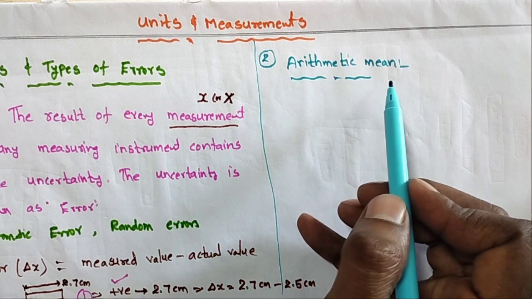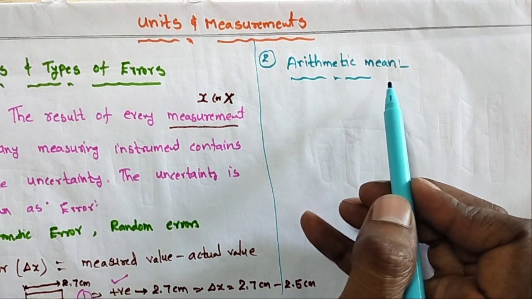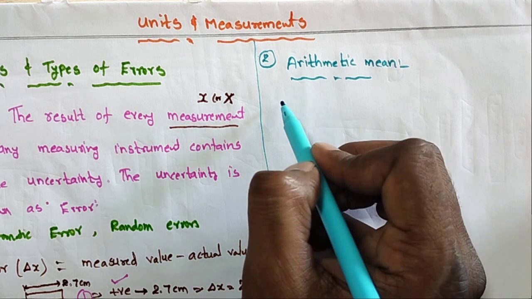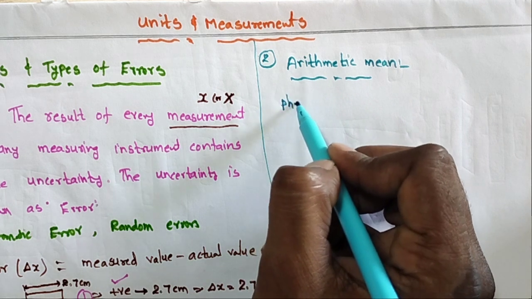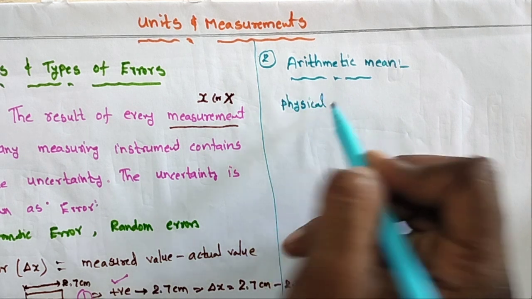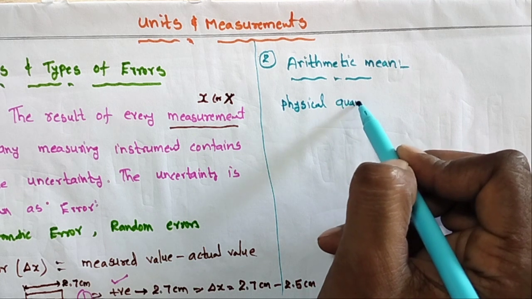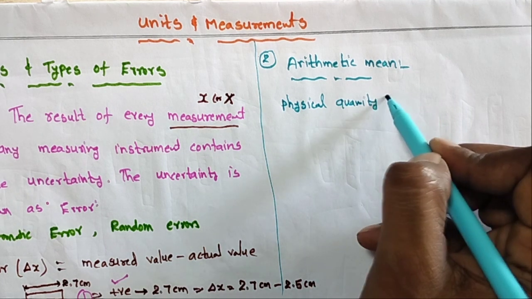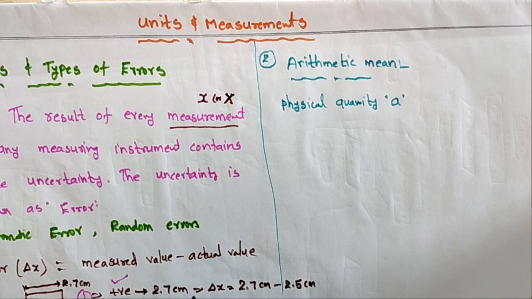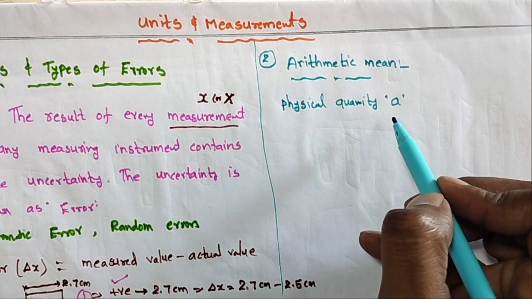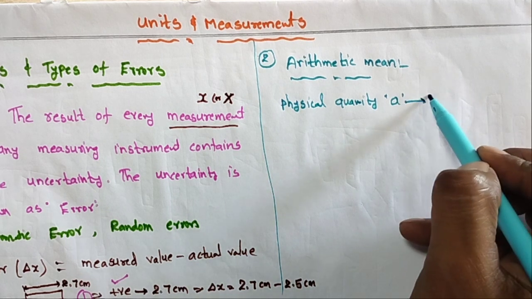So this error may be a positive value or a negative value. Second is the arithmetic mean. Here I am taking one physical quantity, for example small a, which is measured n times.